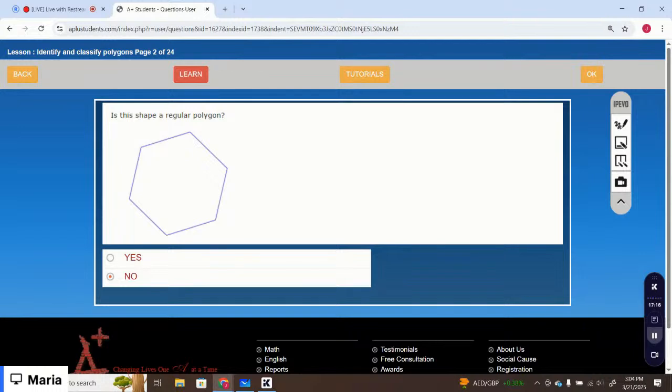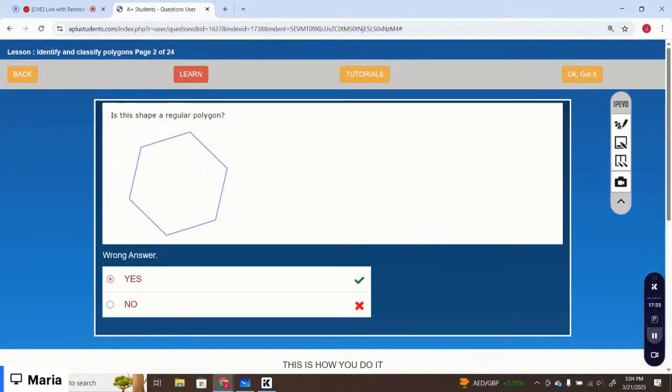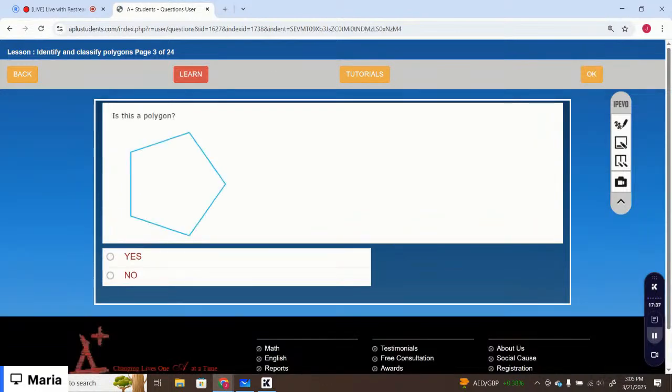No, that is not a regular polygon. Option number two is the correct option. Oh, yes, it is a regular polygon. The correct option is yes, it is a regular polygon.